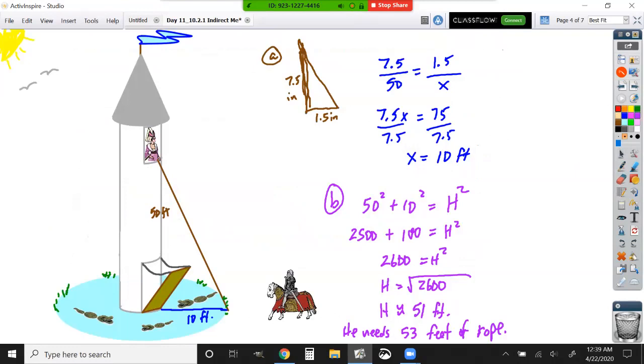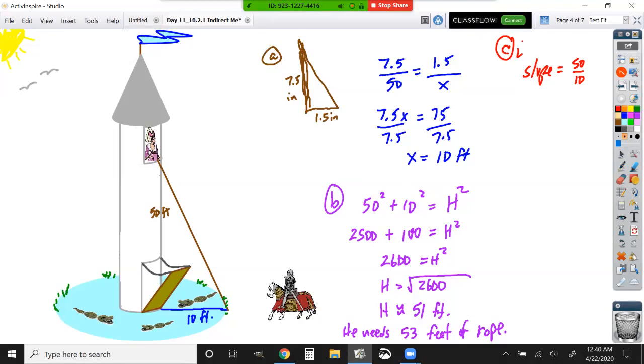Letter I, the slope. The slope of this line, if I do rise over run, is going to be a 50 to 10 slope.